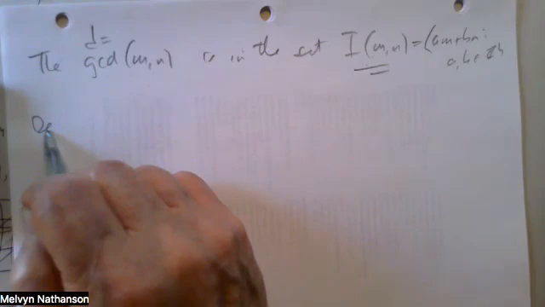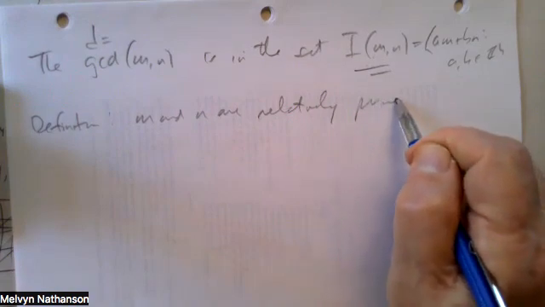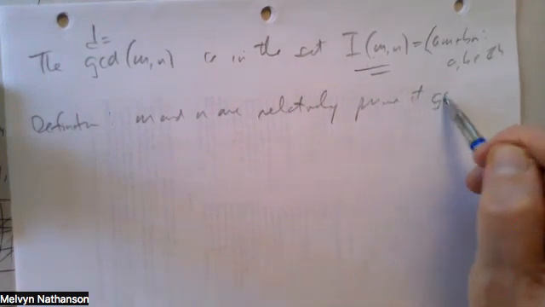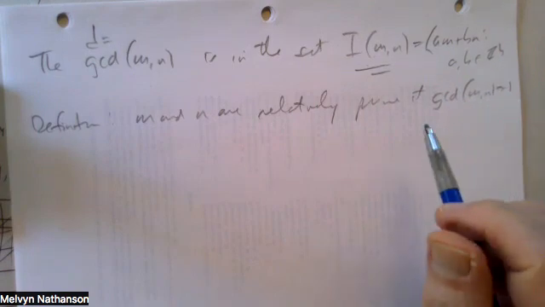And here we have another important definition. Positive integers M and N are called relatively prime if their greatest common divisor is 1.